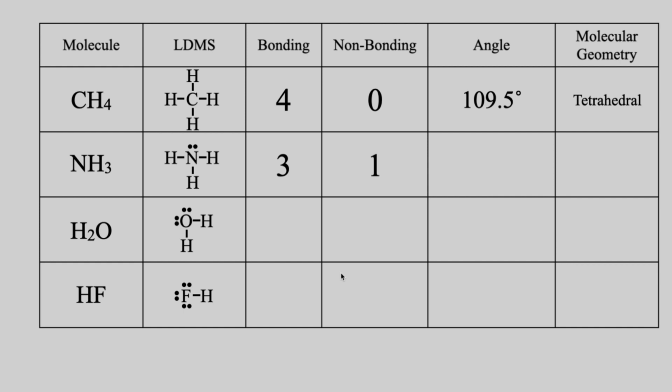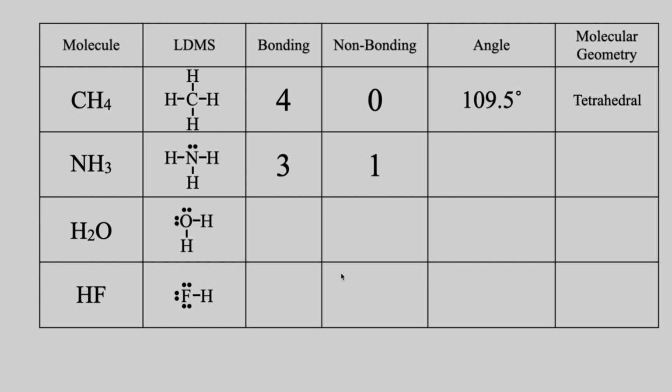But now guys, watch my fingers really close. So what do we know about the bonding domains? Long and thin. What do we know about the non-bonding domains? Short and fat. And short and fat pushes down on the long and skinny. And guys, does this angle get bigger or smaller?